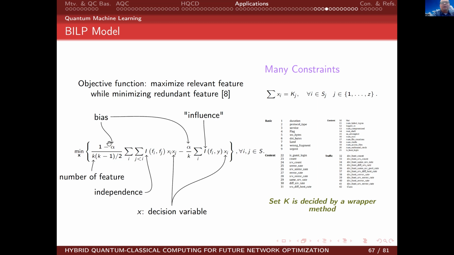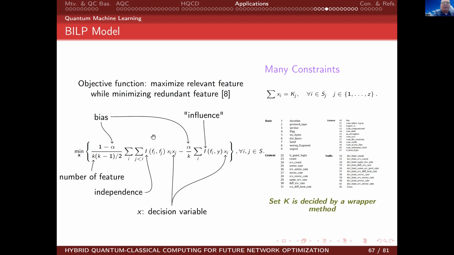In this objective function, we want to maximize the influence, which means we minimize the negative of the influence. If we choose a feature, we hope it can bring more influence to the system. Here, the I(fi) function represents the influence brought by feature i.